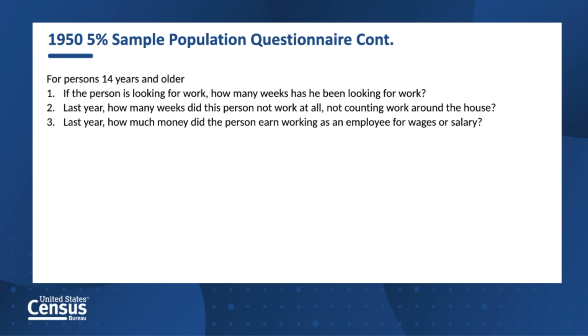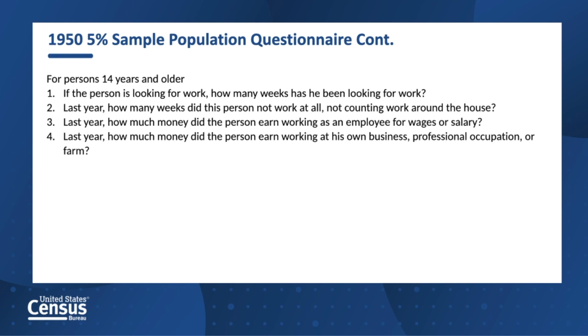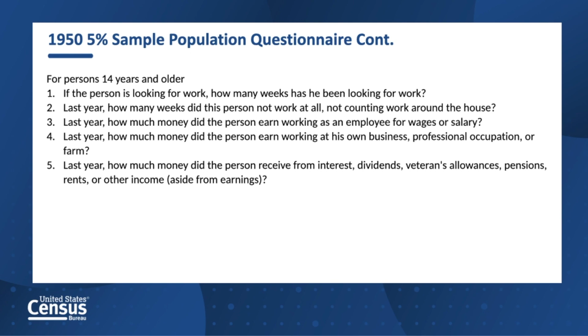Last year, how much money did the person earn working as an employee for wages or salary? Last year, how much money did the person earn working at their own business, professional occupation, or farm? Last year, how much money did the person receive from interest, dividends, veterans allowances, pensions, rents, or other income, aside from earnings?